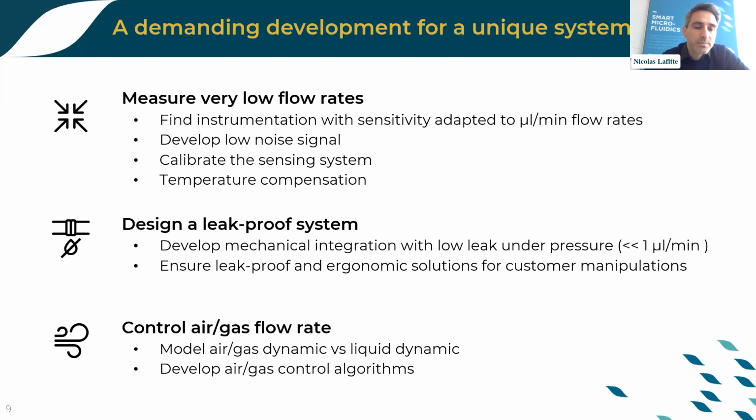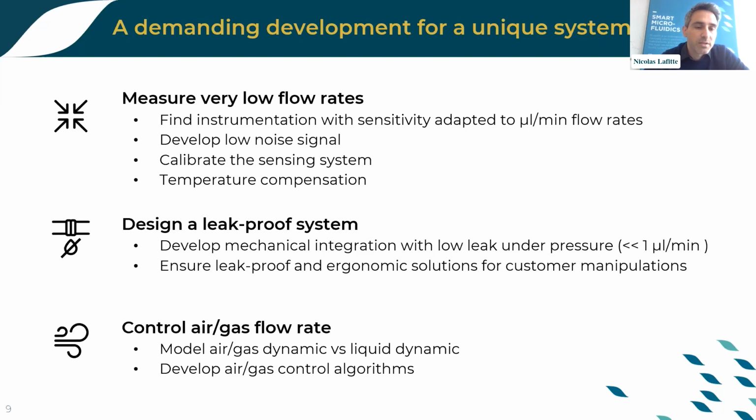Inside the system, we have many different sensors and many electronics, which are not flow rate sensors. So we developed a system to calibrate the physical sensing we do inside the sensor to get the flow rate.